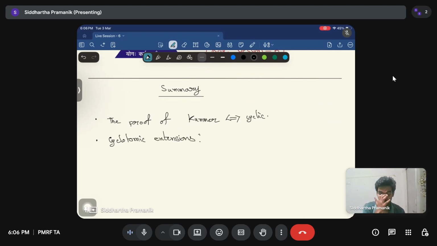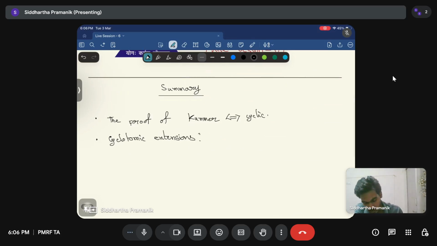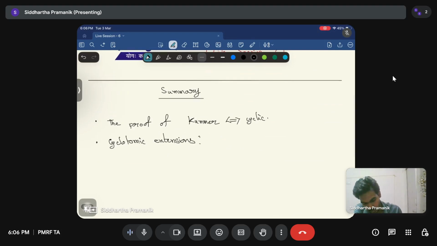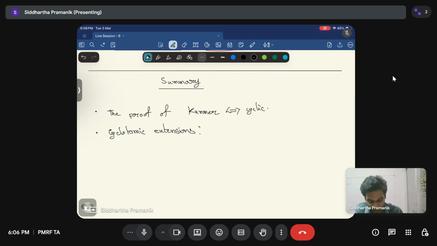We basically defined what we mean by cyclotomic extension. We need to assume the setup: F is a field with either characteristic of F is 0, or characteristic of F is p but p does not divide n.